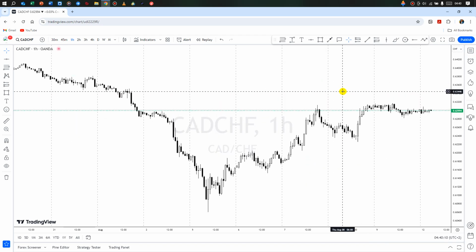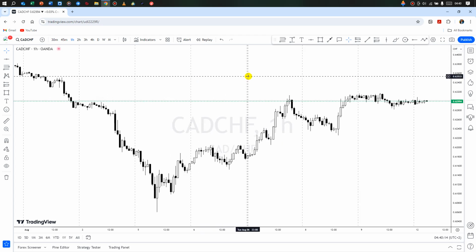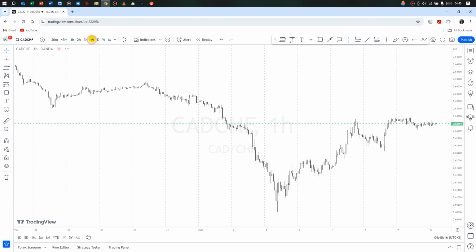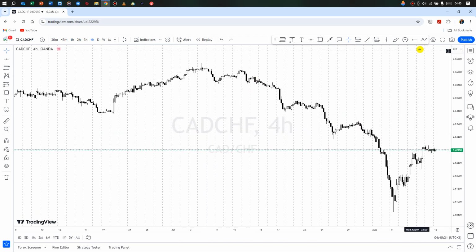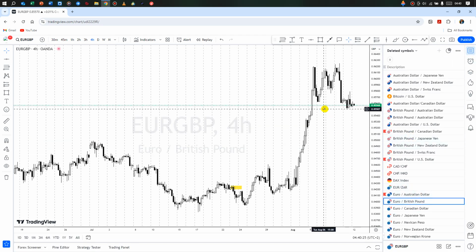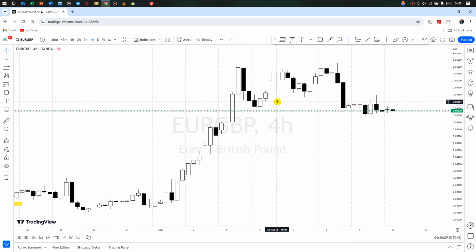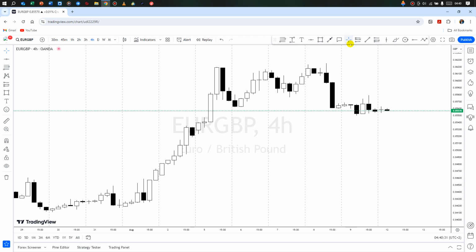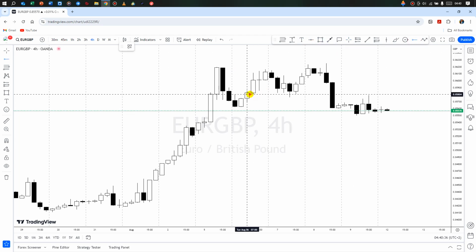So if you had to apply this on the price chart, right? Let us say, for example, you go to the 4-hour time frame. Okay, so let us say, for example, we have this level here, this level here.